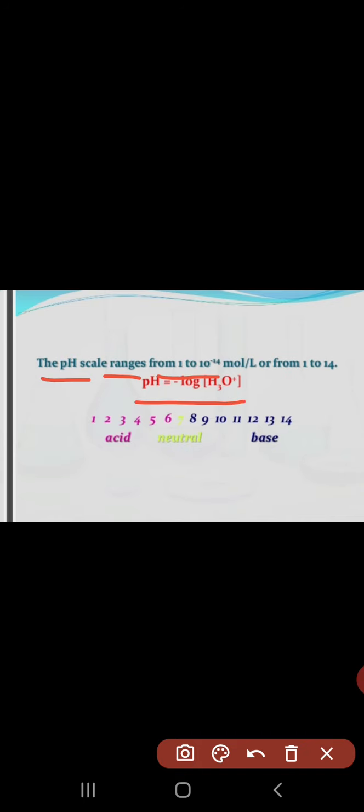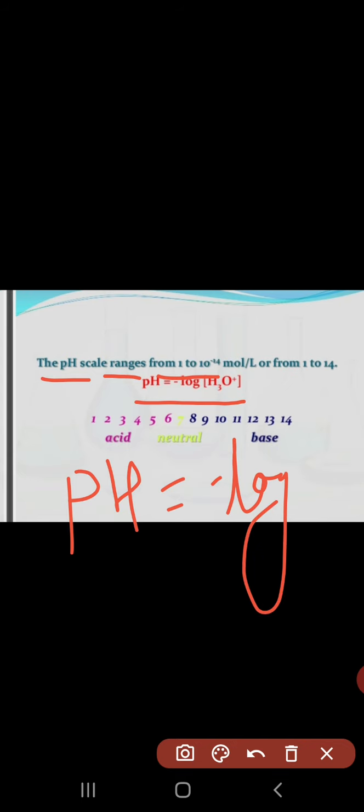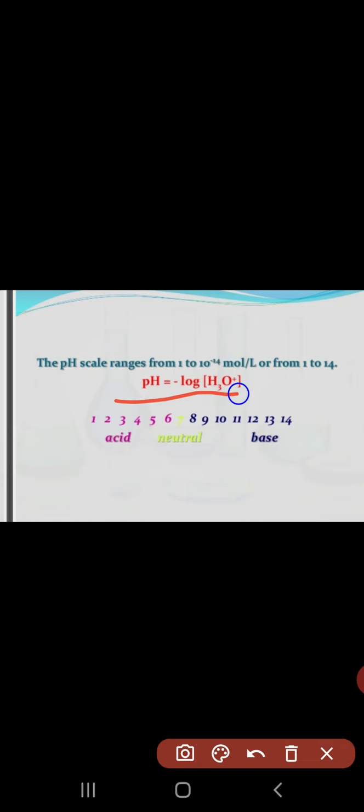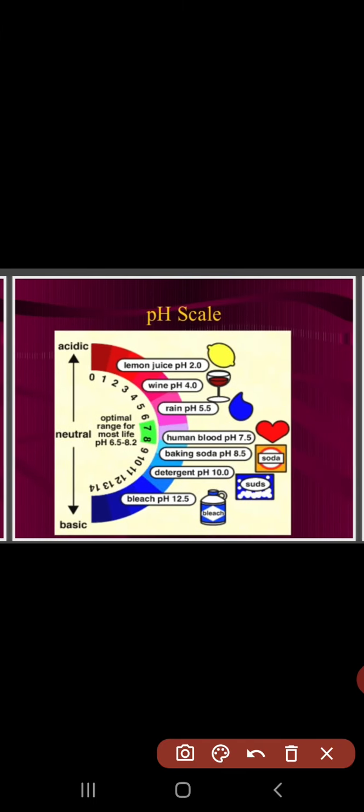Here is the proper formula for pH: the negative logarithm of the hydronium ion concentration. The scale ranges from 1 to 14. From 8 to 14 is basic, 7 is neutral, and 1 to 6 are acids. Now see, this is the pH scale.